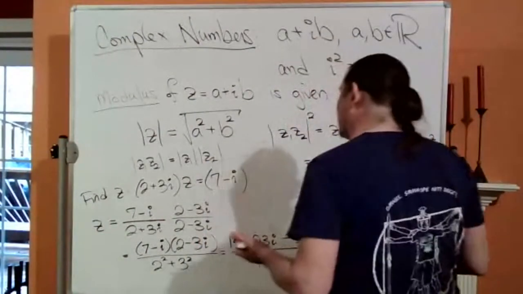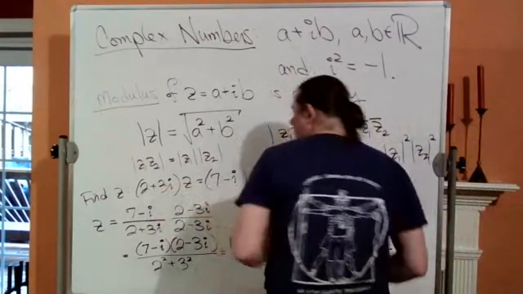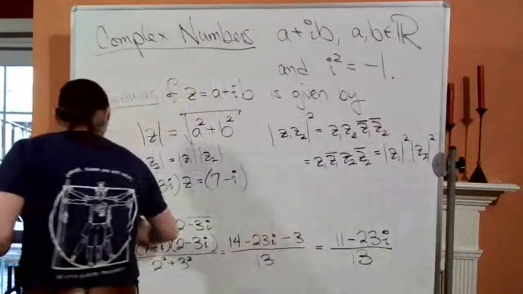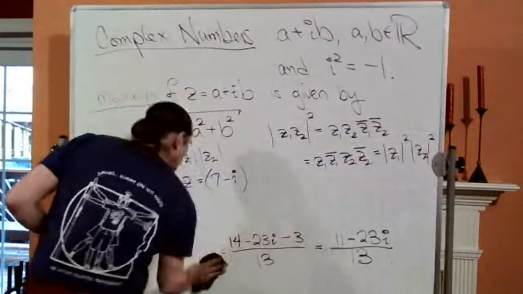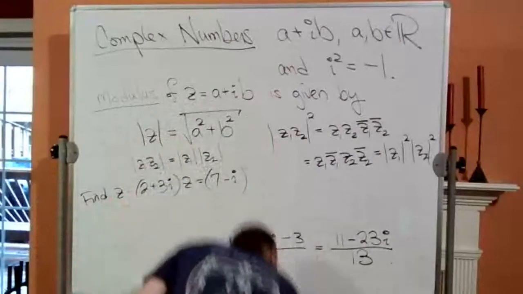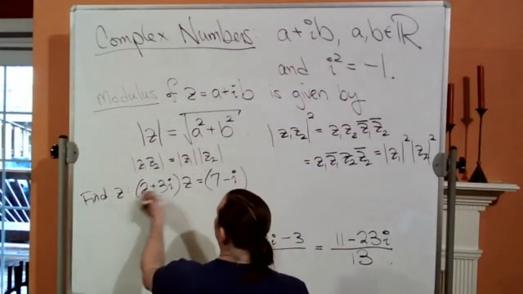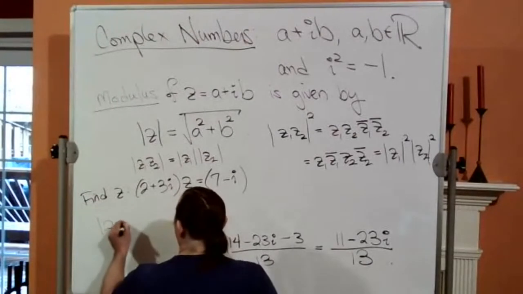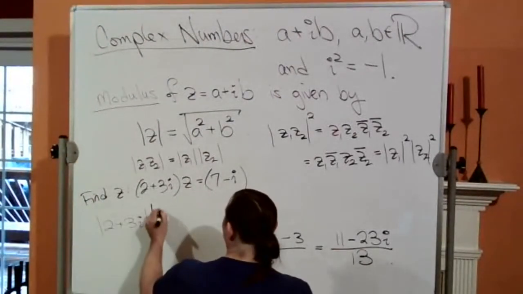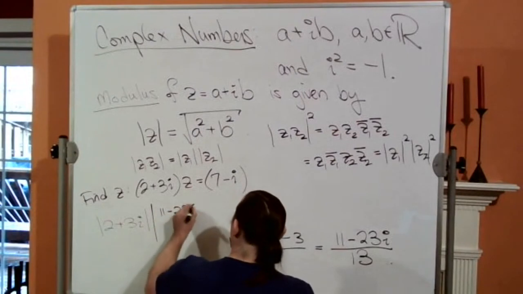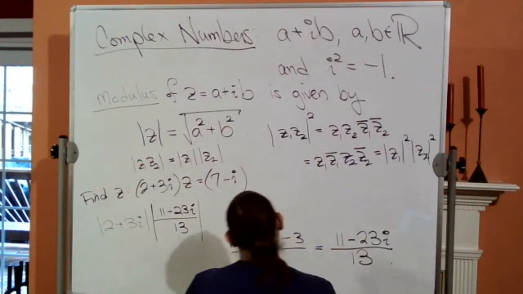All right, but let's look at that here, okay, in this particular problem. The modulus of 2 plus 3i times the modulus of 11 minus 23i all divided by 13.